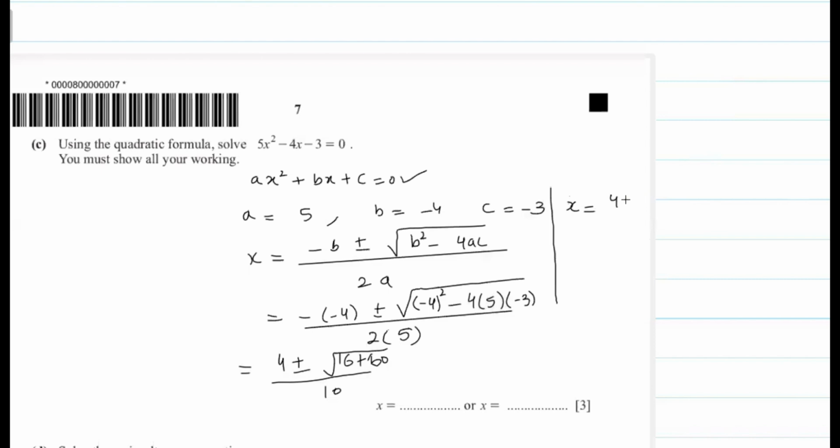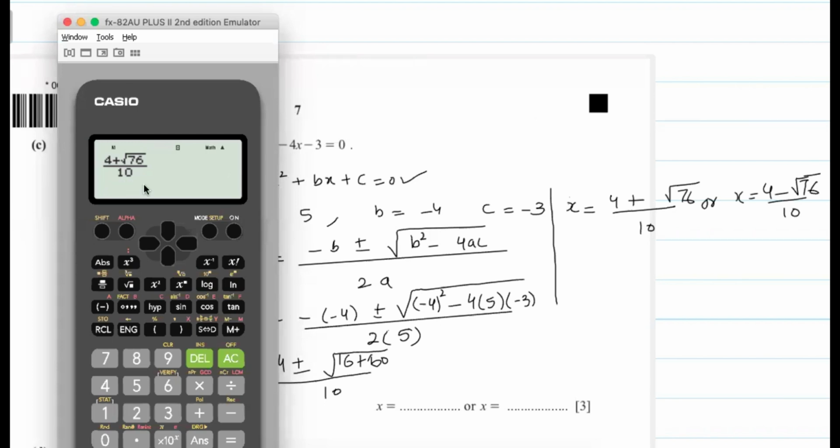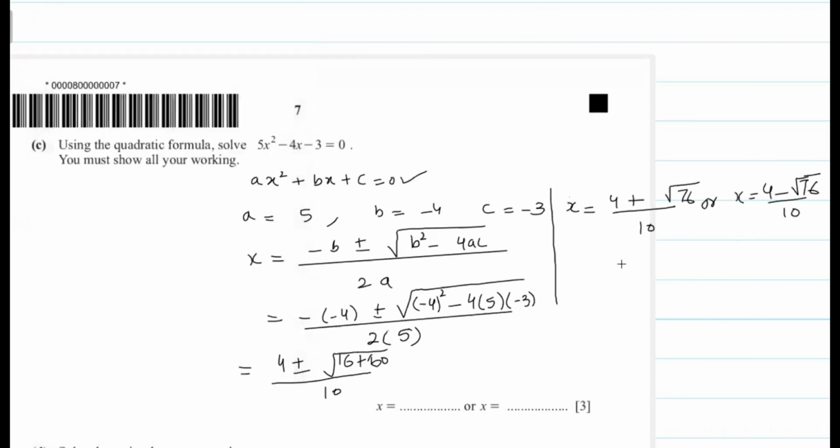And this value is x equal to 4 plus square root 76 over 10, or x equal to 4 minus square root 76 over 10. Now we calculate the values. Look here, this is equal to 1.271.